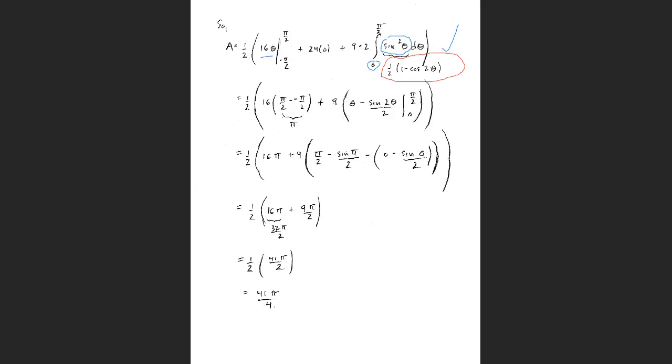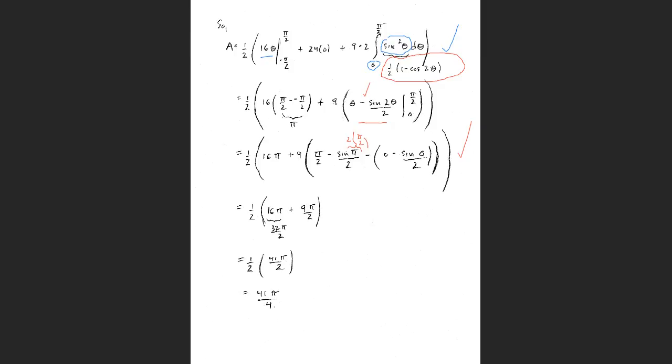The antiderivative of 1 minus cosine 2 theta is theta minus sine of 2 theta over 2. And I just work things out. This pi here comes from taking 2 times pi over 2, right?